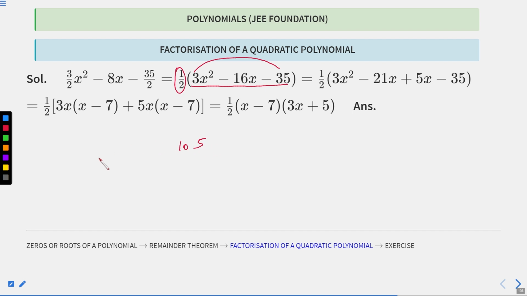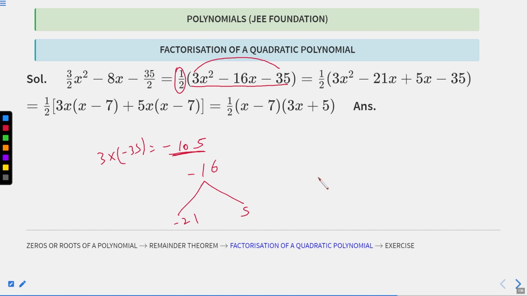Now 3 times minus 35 is equal to minus 105. Now how to split this minus 16 in such a way that my product is equal to minus 105? So just do that: minus 21 and 5.